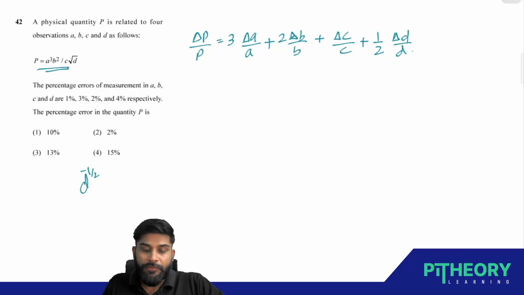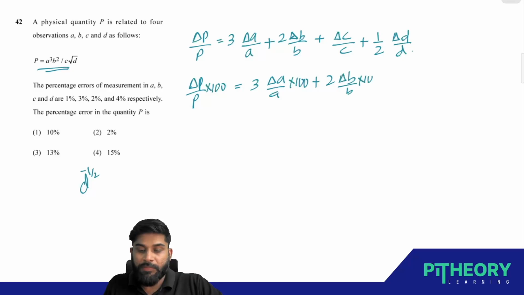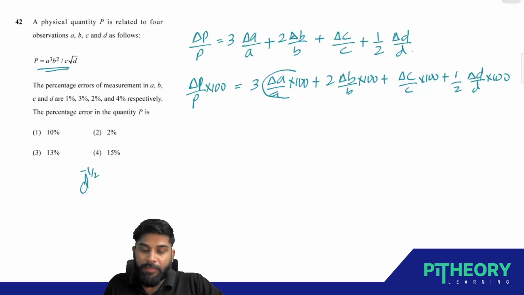Very clear now. So if I'm seeing now the percentage error, delta P by P into 100, what will that be? 3 delta A by A into 100 plus 2 delta B by B into 100 plus delta C by C into 100 plus half into delta D by D into 100. Right? So this delta A by A is the percentage error in A. How much is that? 3 into, in A it is nothing but 1%, plus in the case of B, how much is it? 2 into 3%, correct?